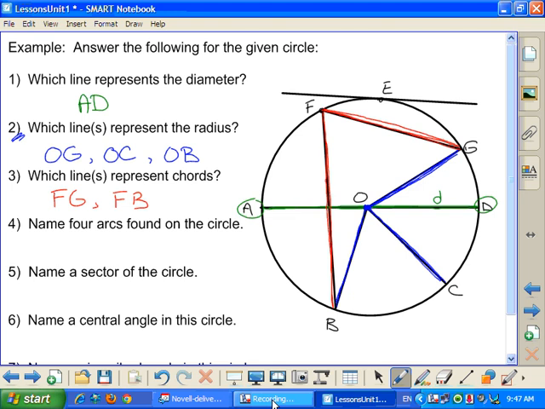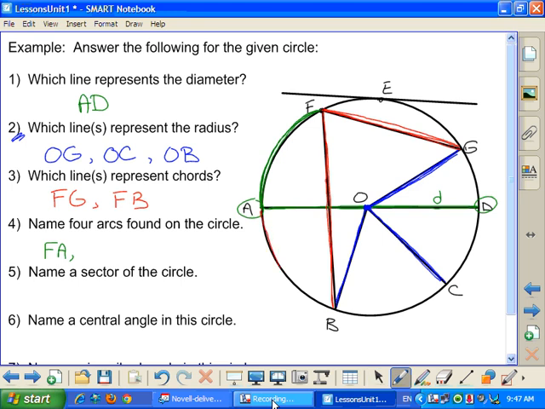Name 4 arcs around the circle. 4 arcs. So I'm going to go back to a green pen here. Arcs are part of the edge of a circle. So for example, if I start at F and I trace down to A, there's the edge of a circle. So that arc would be FA. Now I can continue around, and I'll change to a red pen.